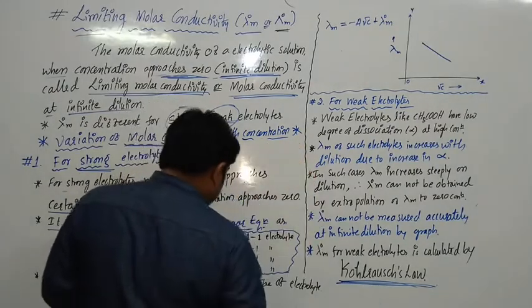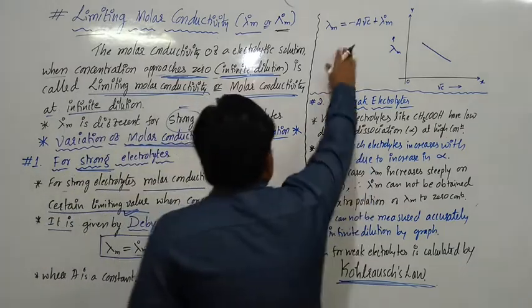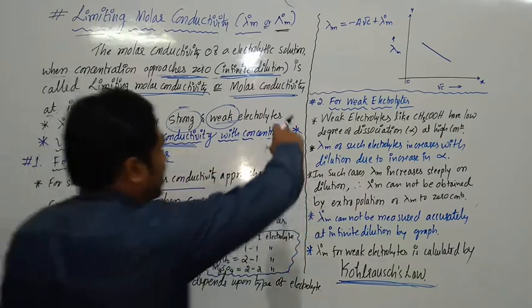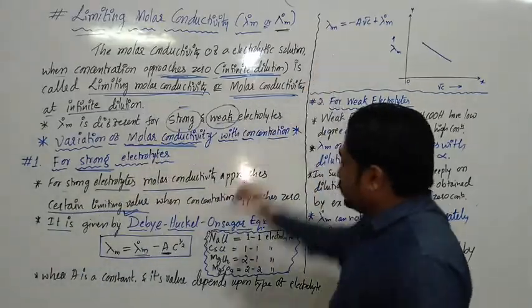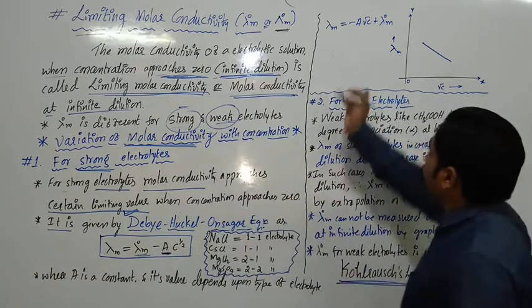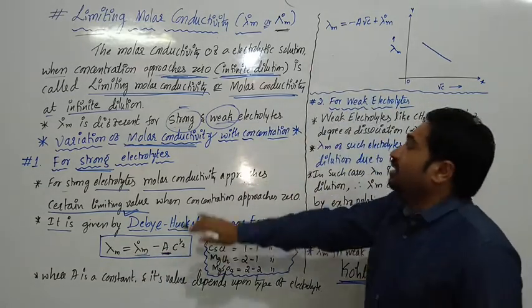Now let's move forward. This Debye-Huckel-Onsager equation can be written like this: lambda m is equal to, with this term written here and this term written here. They are just interchanged in position.